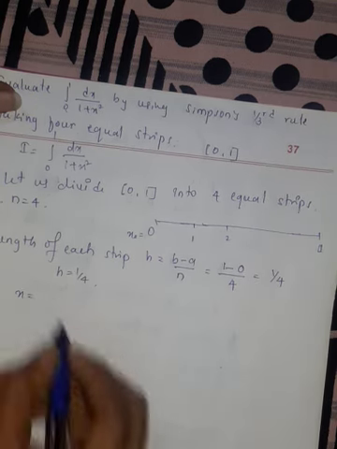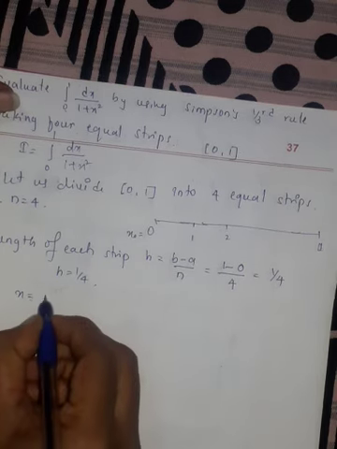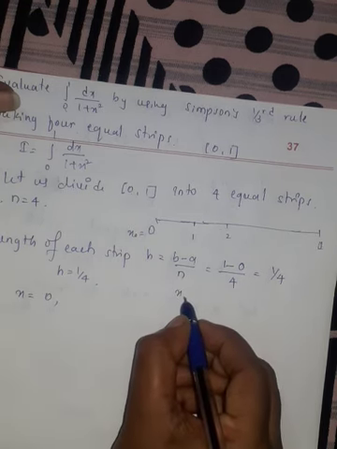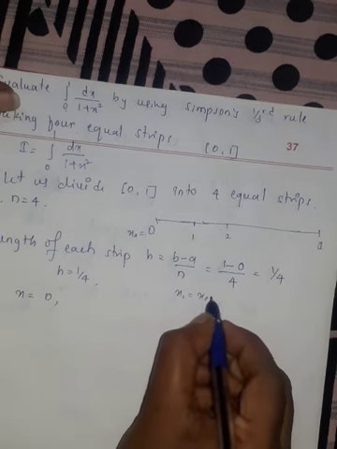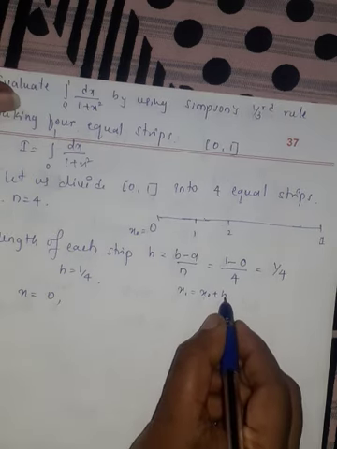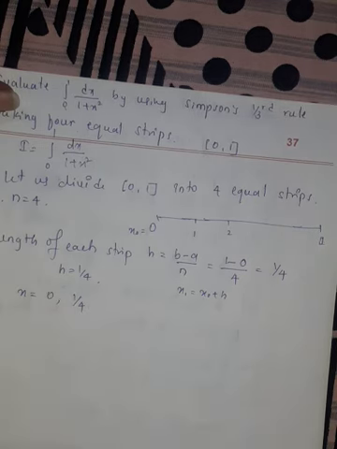Therefore, our points are here. First x0 is 0. Next, x1 is x0 plus h, so 0 plus 1 by 4, which is 1 by 4.